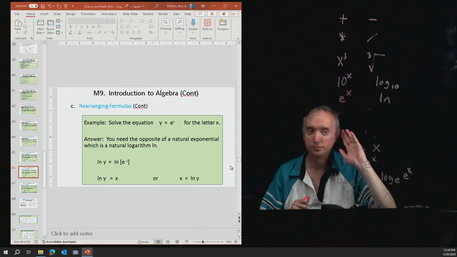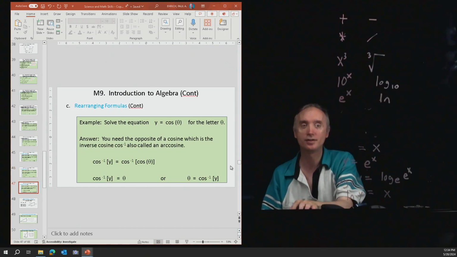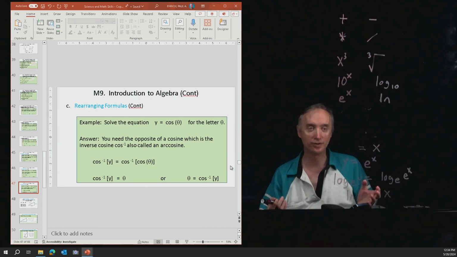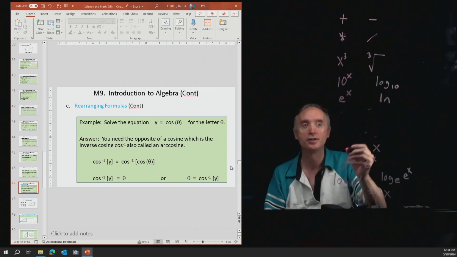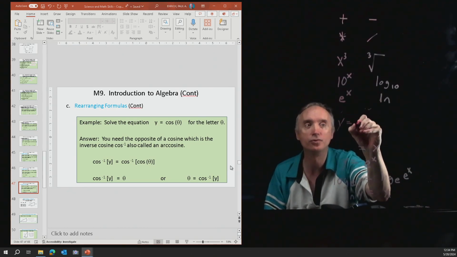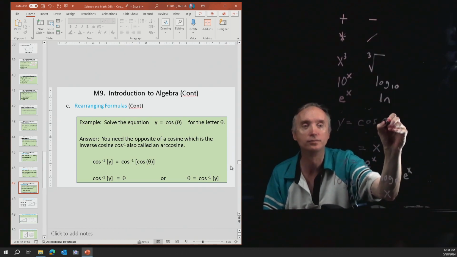But it gets worse. So then the next level of complexity is going to be trigonometry. And so we're not going to do any trigonometry, but I just want to show you this. I can't help myself. So our formula is y is equal to the cosine of some angle.